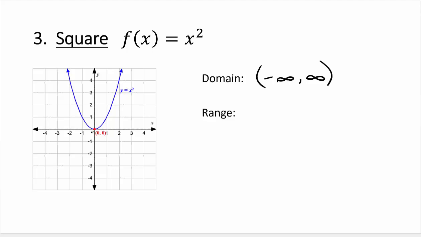But my range, as I'm looking vertically, we can see that nothing happens below a y value of 0. So as I'm writing my range, I know all of my y values would be greater than or equal to 0. So in interval notation, we have a closed bracket or a square bracket at 0, and then we are continuing up forever, so we go out towards positive infinity.